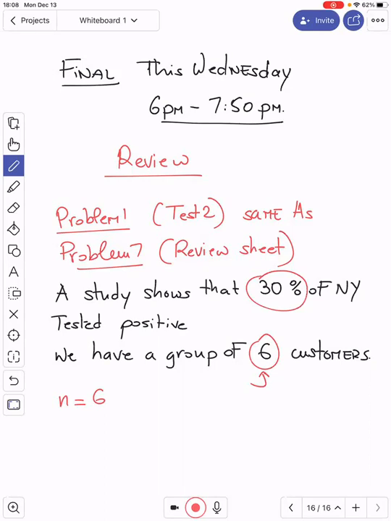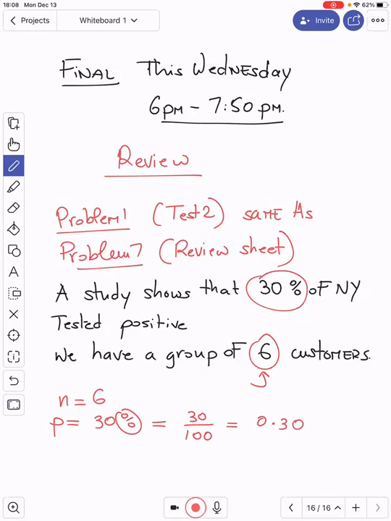And you see there's a 60% in problem 7, so 60% is your probability of success P. Here, the 30% is the probability of success P. So P is 30%. Remember guys, percent means division by 100, so 30% is 30 over 100, and that's 0.30.